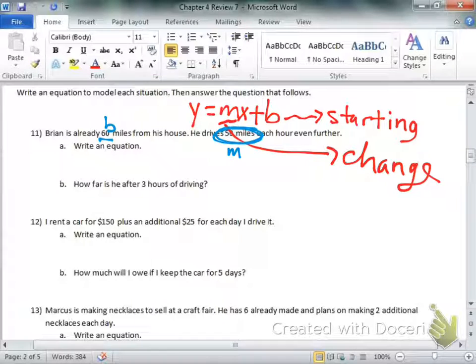Alright, so number 11a is going to be y equals m, which is 50, x plus the b, which is 60. Now here, y always represents the total. So y is the total number of miles, and x is the number of hours driven.